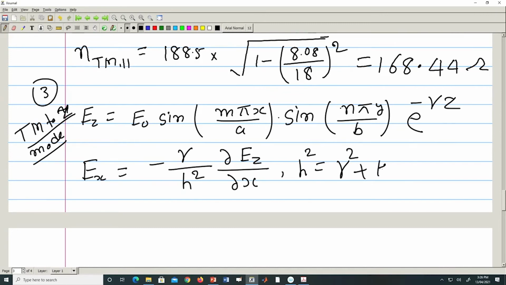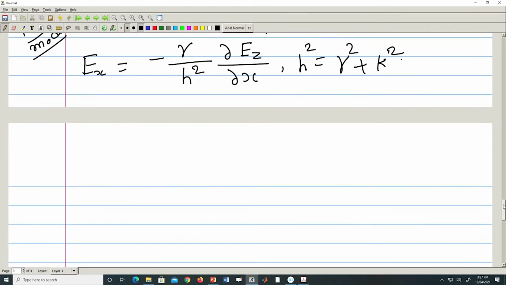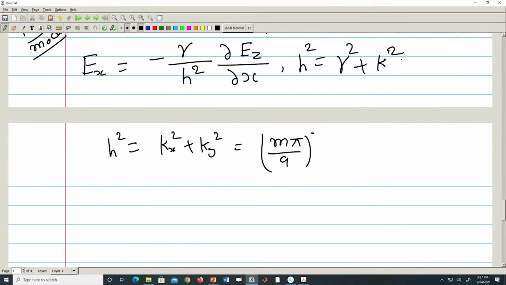This will be k x square plus k y square, equal to m pi by a whole square plus n pi by b whole square. So like this k x is m pi by a, k y is n pi by b. So h square can be defined like this.